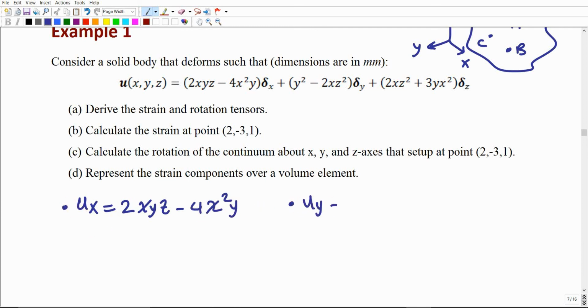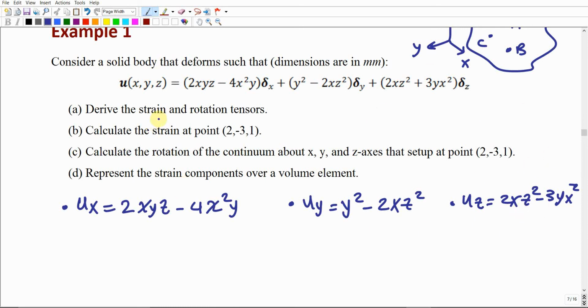The Y component of the displacement field is going to be Y squared negative 2XZ squared. And the Z component is going to be 2XZ squared negative 3YX squared, right? As you can see, all of these components are functions of X, Y, and Z. Again, if you just plug in X, Y, and Z for any one of these points, you're going to end up with the displacement along X, Y, and Z of this point that belongs to the continuum.